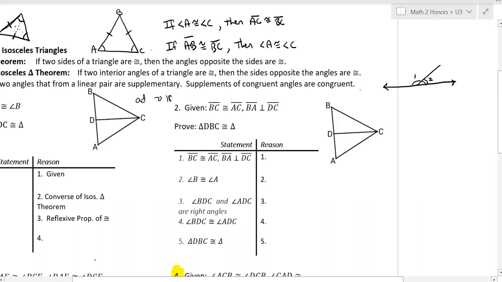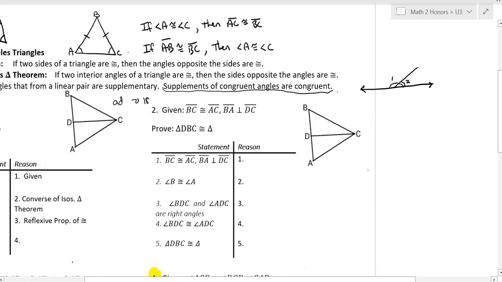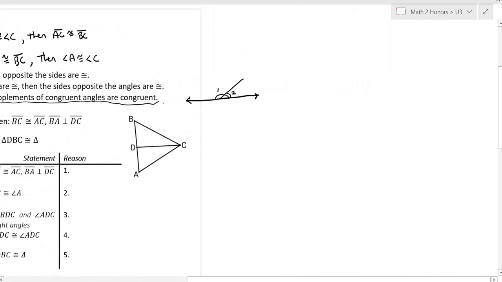And then, supplements of congruent angles are congruent. So if I extend this a little bit, this is angle 3 and angle 4.